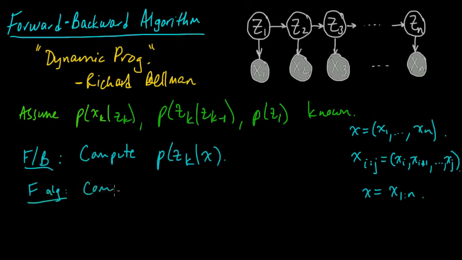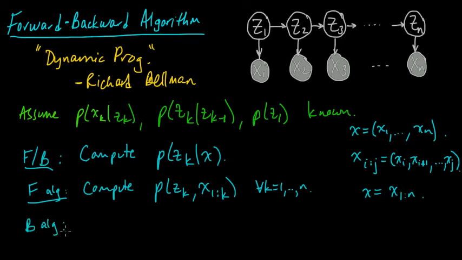And in the forward algorithm, we compute the joint distribution on zk and x1 through xk, using this convention here, for all k from 1 to n. So we're going to compute these joint distributions. So it's the distribution on, say, z3 and x1, 2, and 3. And we're not conditioning here.